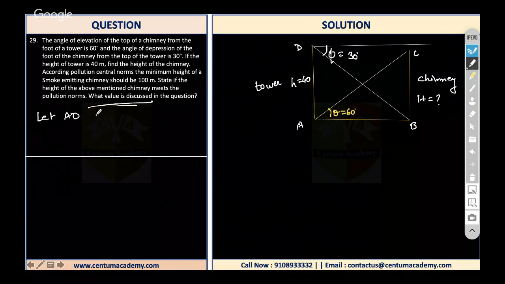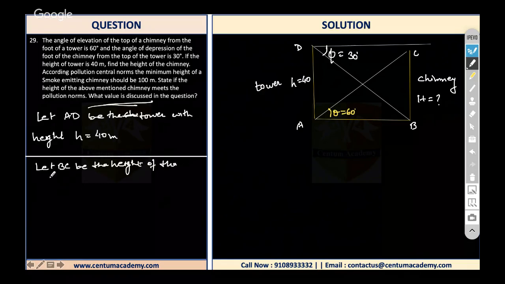Let AB, AD be the tower with height small h equals to 40 meters. Let BC be the height of the chimney, and you can mention capital H here.